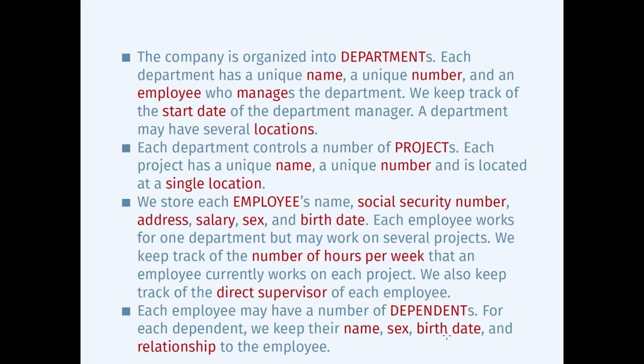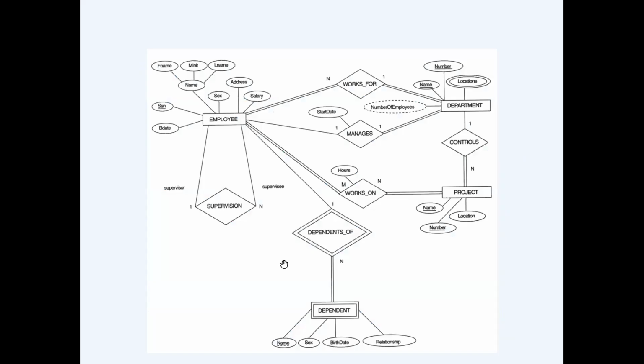Name, gender, date of birth, relationship, none of them are unique. When you don't have a key attribute, this is called a weak entity type. That's why we have a rectangle with double lines. This representation indicates that this is a weak entity type.